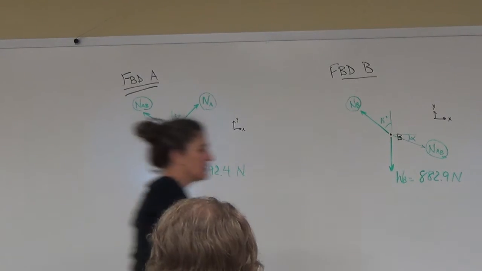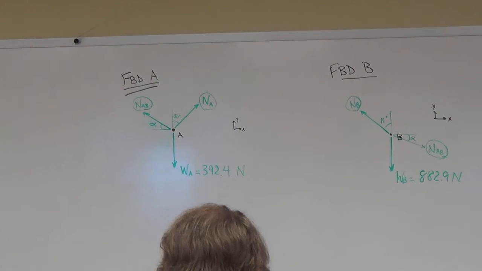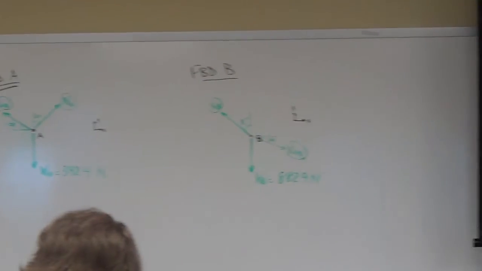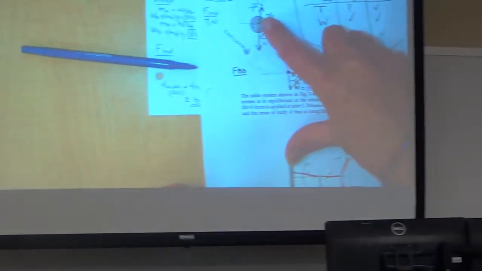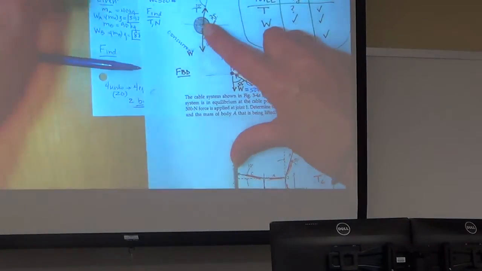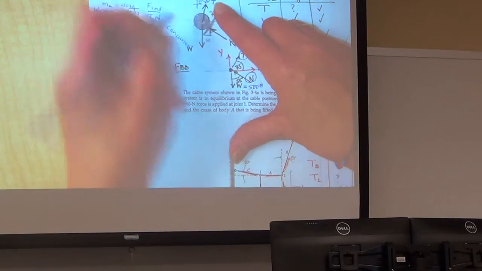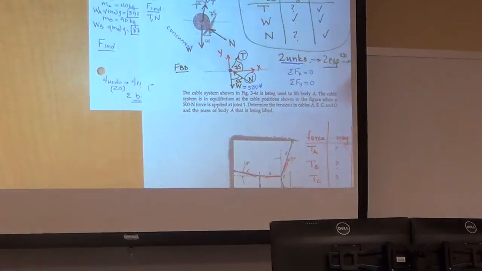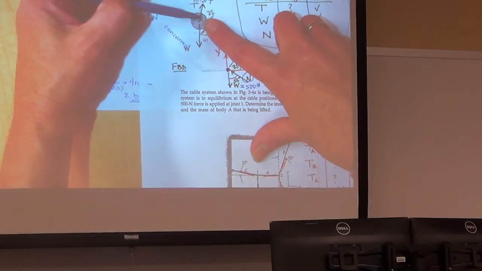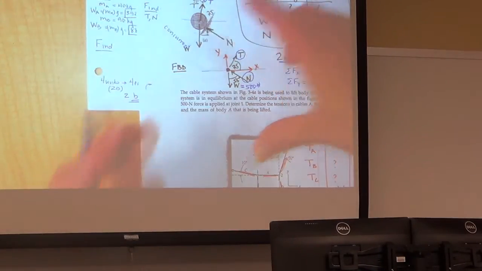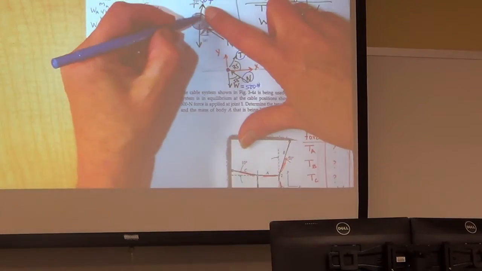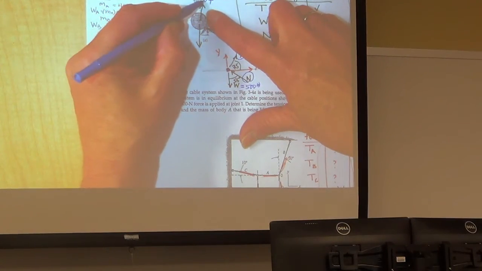Okay, and that works both for tension and normal? It works for everything. If we go back to the problem we did the other day, we had a cylinder suspended from the ceiling. When it's connected to the ceiling, there's an equal and opposite tension. You always draw it away and away.